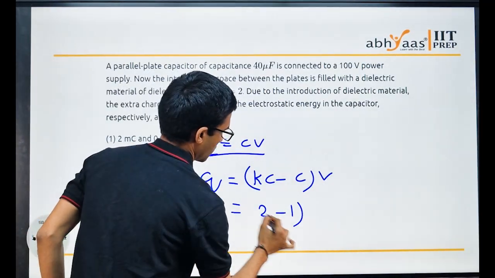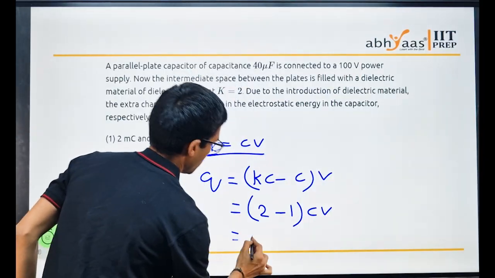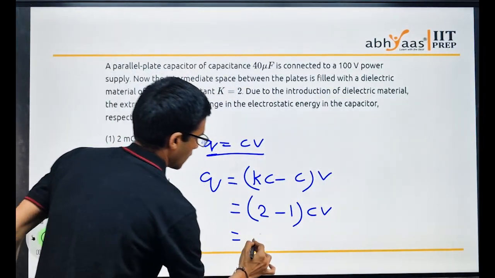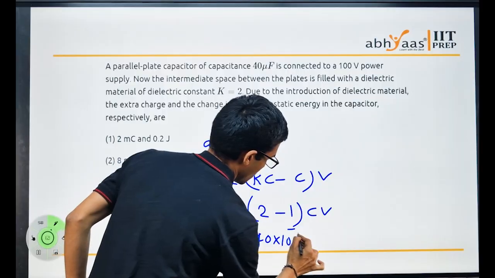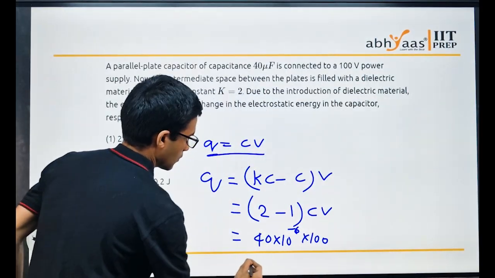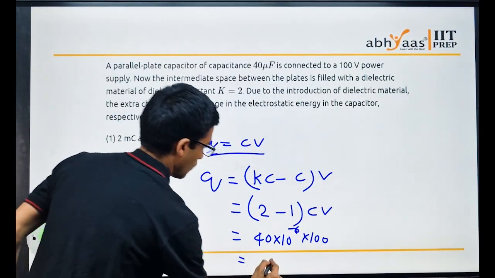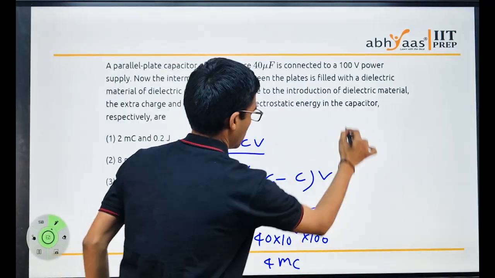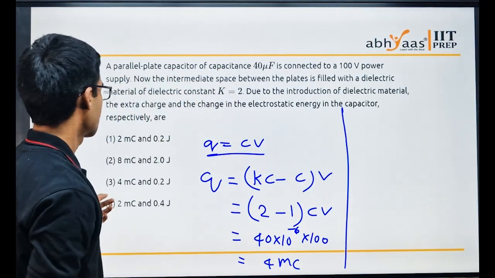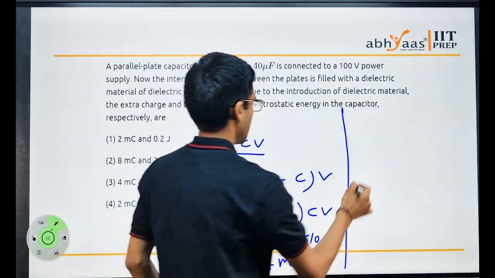So (2 minus 1) into CV. C's value is 40 farad. 40 into 10 power of minus 6 into 100, you will get 4000. That means 4 microcoulomb.